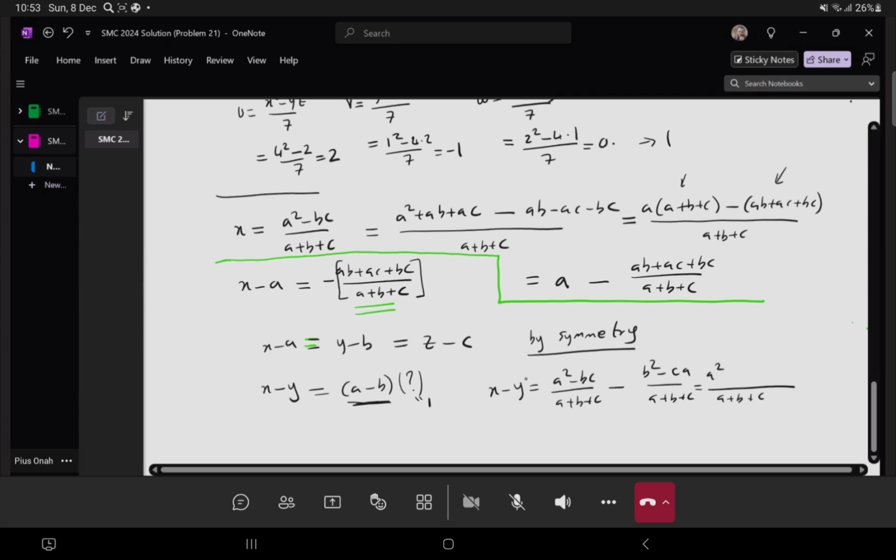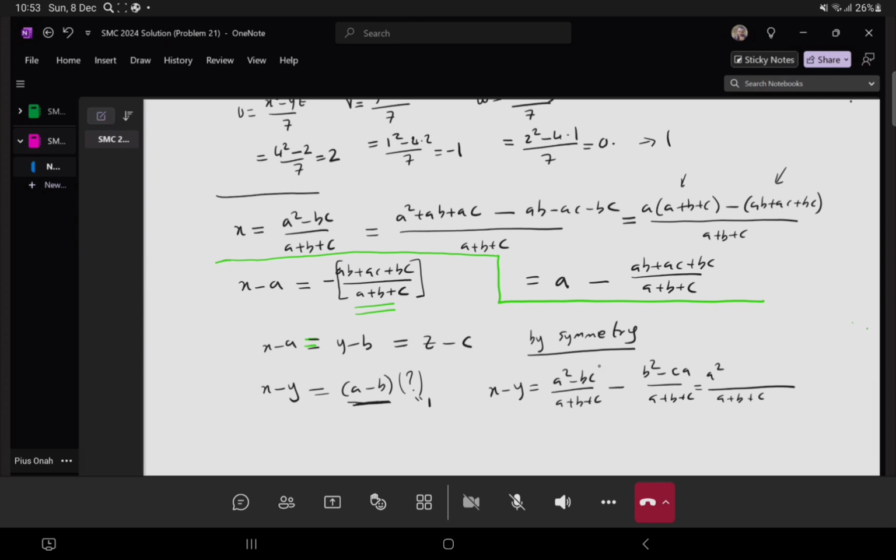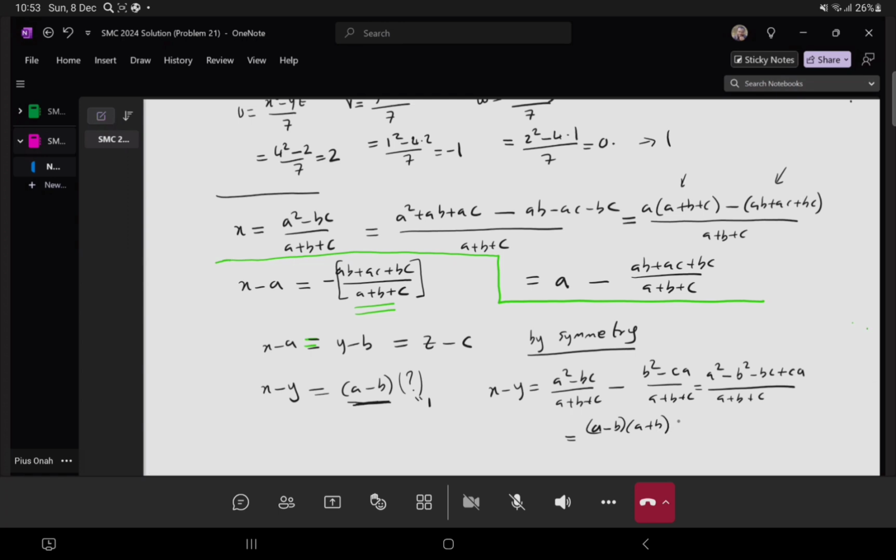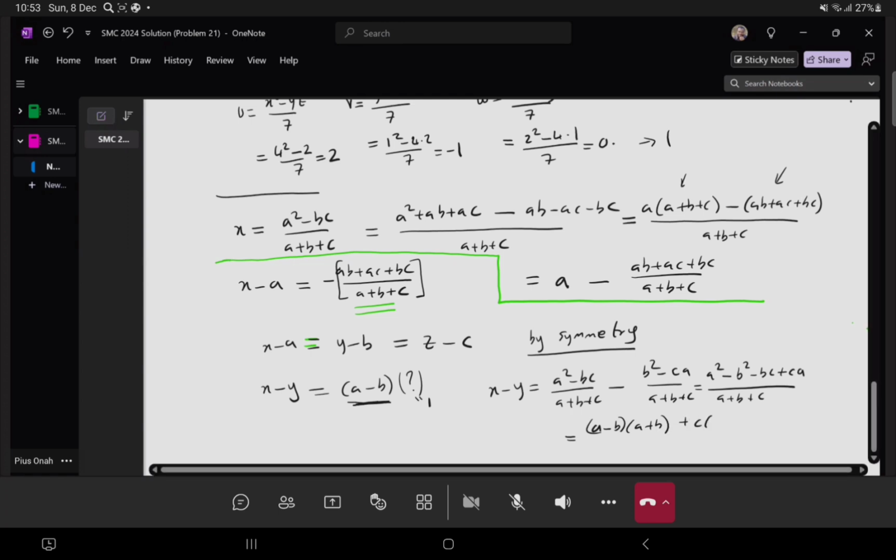Now to get this factor out, you have to take the terms pairwise, in the symmetric sense. So a would go with a b squared, and this part we go. If you do it like this, factorization is usually a lot more straightforward. Each of them will have that factor of a minus b. A minus b times a plus b. Then here you have c times a minus b, right?